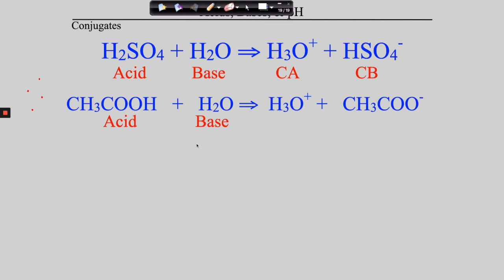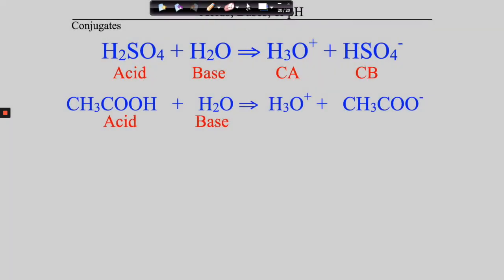So the first is the acid, the next is the base. Now let's find our conjugates. So again, we go to the acid, take away the hydrogen. What's left is this, and that would make this our conjugate base, and then that makes H3O plus our conjugate acid.